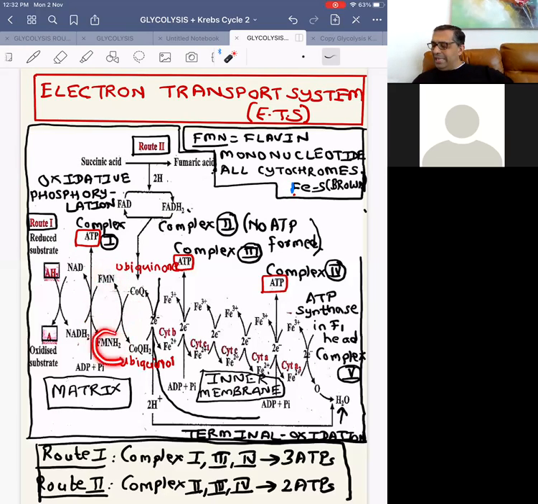FMNH2 once again gives away the hydrogen and gets oxidized back to FMN.